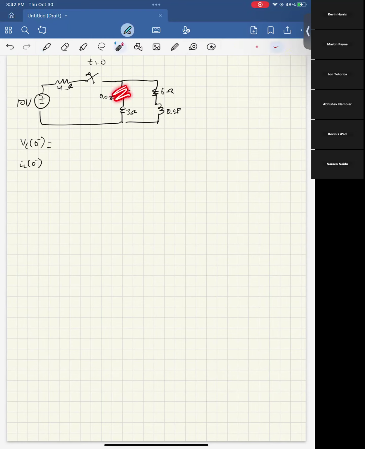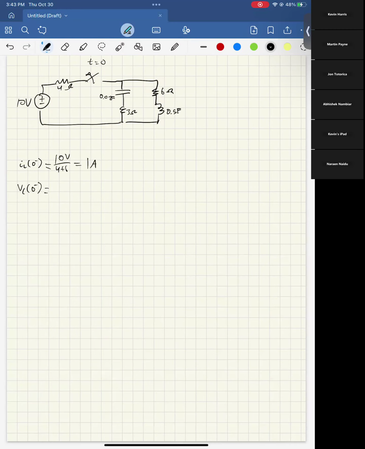If we ignore this path because that's an open circuit, then what's the current through this inductor? Well, we have a voltage source. The path is like this, right? So our IL of 0 is, if this is a wire, what is the resistance that this sees? We have a 4 ohm resistor and a 6 ohm resistor. So it's going to be 10 volts over 4 plus 6, which is 1 amp. That's how we do that.